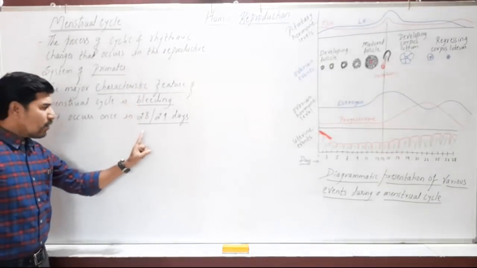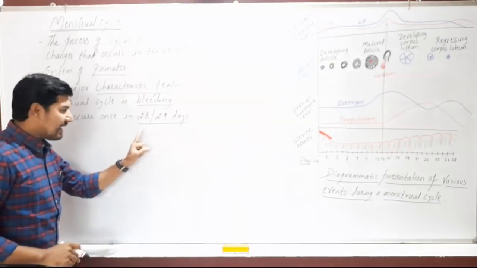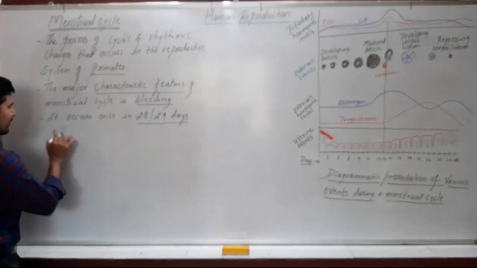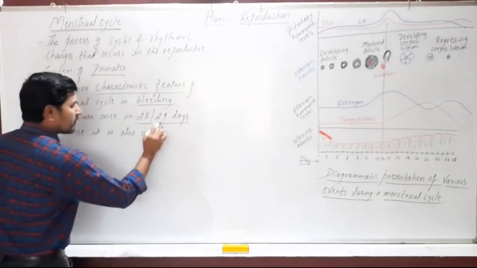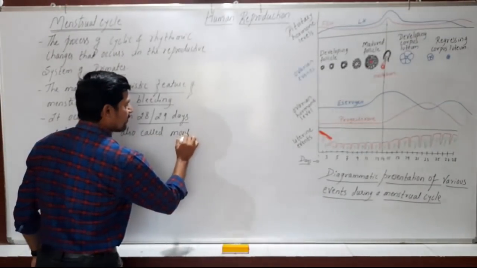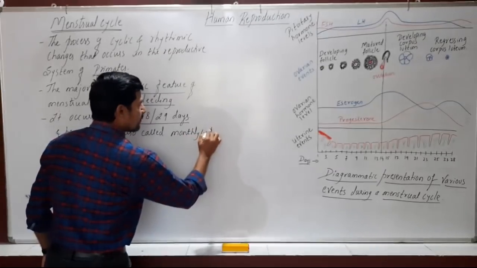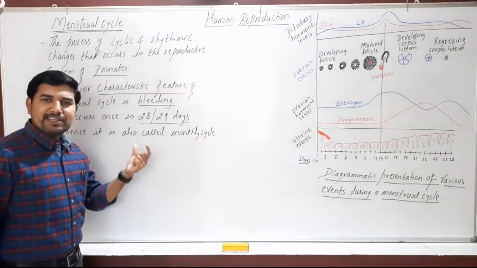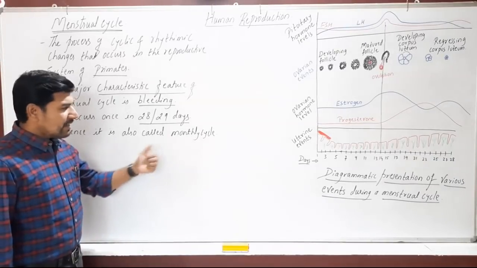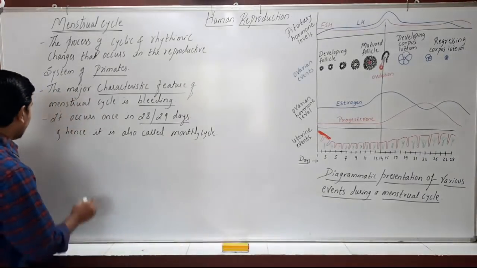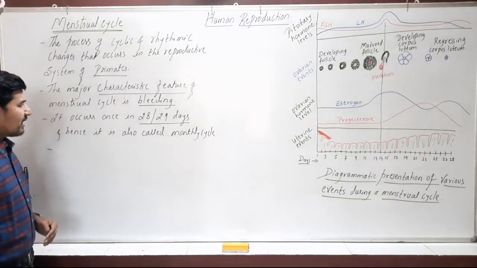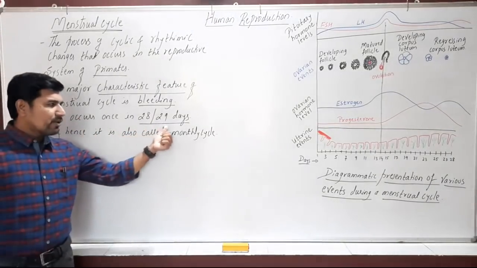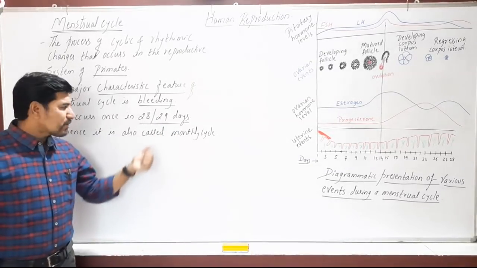Menstrual cycle in short is also called menses. Okay, this is the brief introductory part of the menstrual cycle. Remember, it occurs once in 28 or 29 days. The standard value is 28 days.